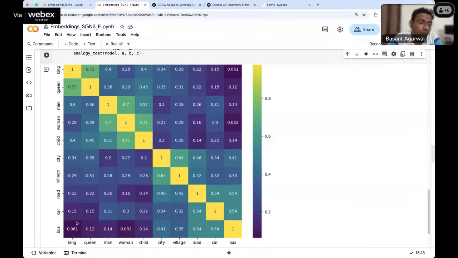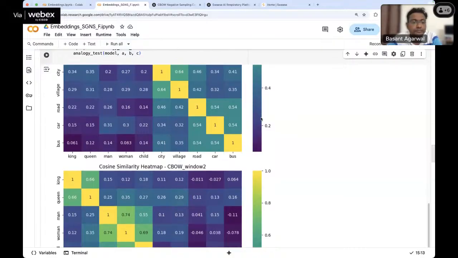You can see queen and king is very close, and men and women is also very close, 0.7. Women and women is one. Women and child is also a very high value, and so on.